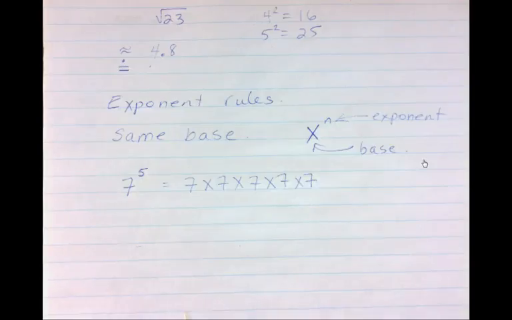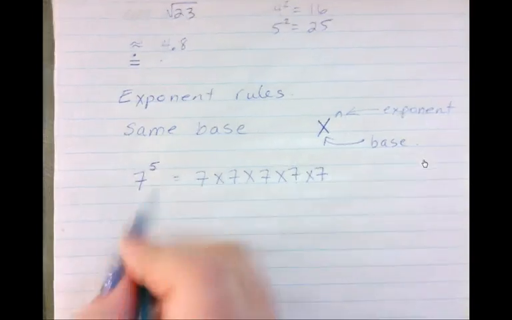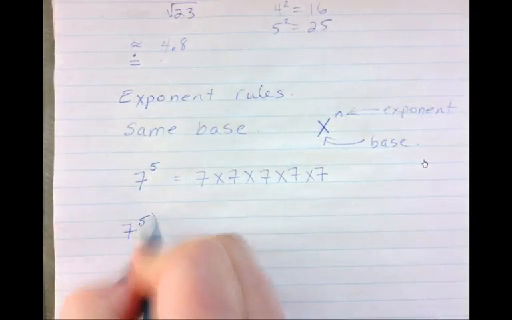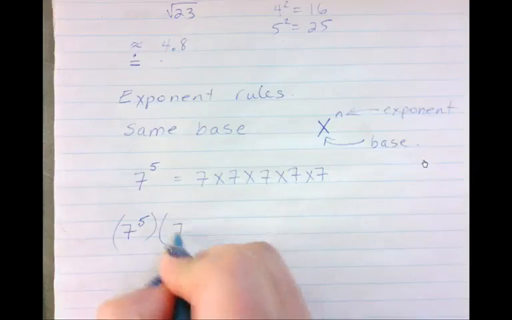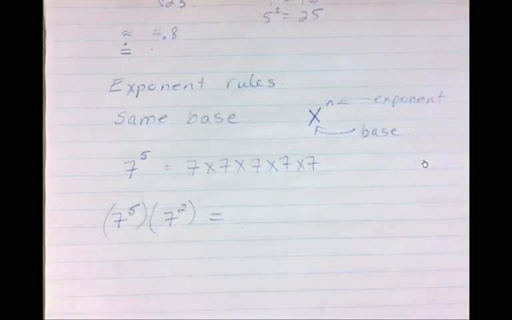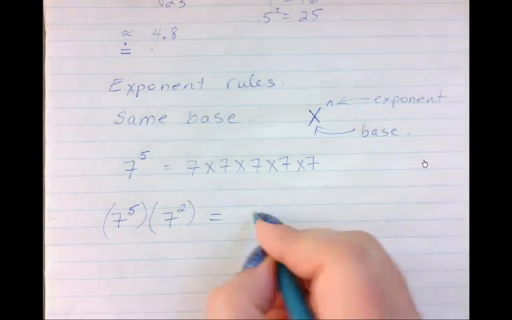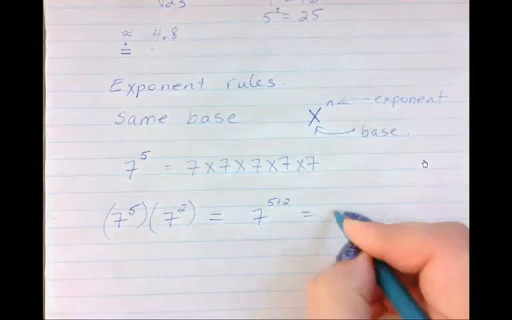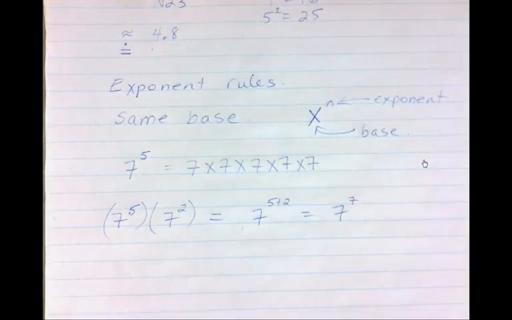Okay. So let's look at some of the rules now. So if I have 7 to the power of 5, and I wanted to multiply that with 7 to the power of 2, what would the result be in exponent rules if I were to use those shortcuts that you learned? Yeah. You would add the 2 exponents together. So you'd have 7 to the power of 5 plus 2, which is going to give you 7 to the power of 7.